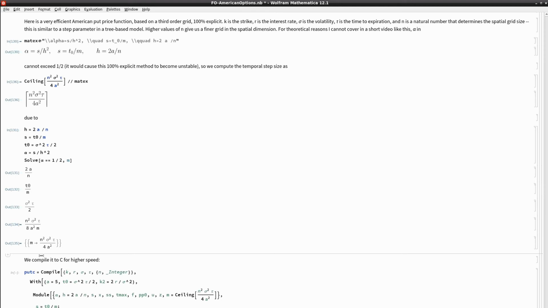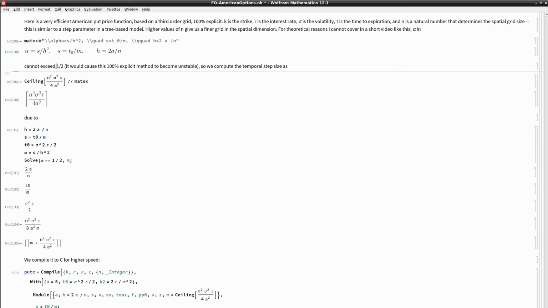And I don't want them to be independent, because then I do not have a guarantee that my alpha will not exceed a half, which would be needed for a 100% explicit method, otherwise it becomes unstable. And I do want it to be as close as possible to a half for speed reasons.